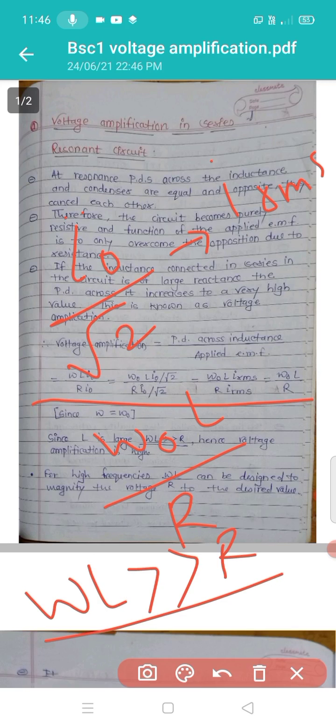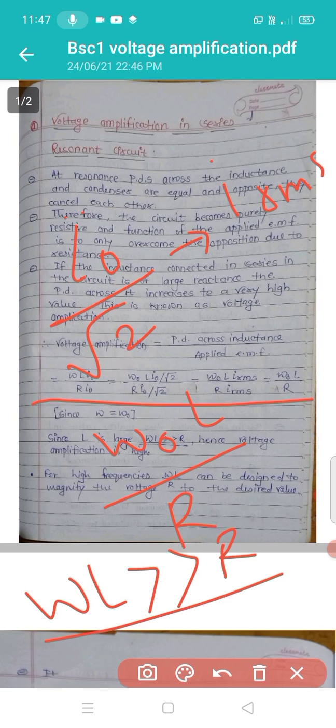That is, it passes the maximum current and will have a maximum potential difference across the inductance at a particular frequency. That frequency is known as the resonant frequency. Hence the voltage magnification is maximum at the resonant frequency.